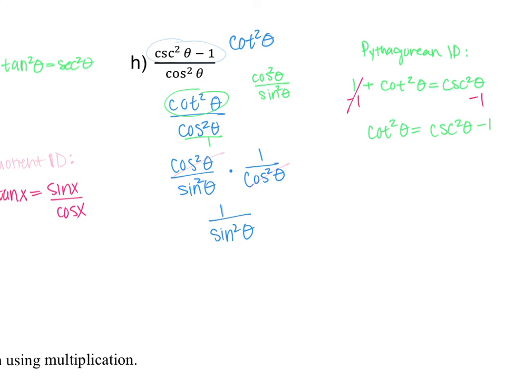But I can't leave my answer as a fraction. 1 over sine squared is the reciprocal identity for cosecant, since cosecant is the reciprocal of sine. So I really have cosecant squared, and that can be my final answer since it's one trig function now.